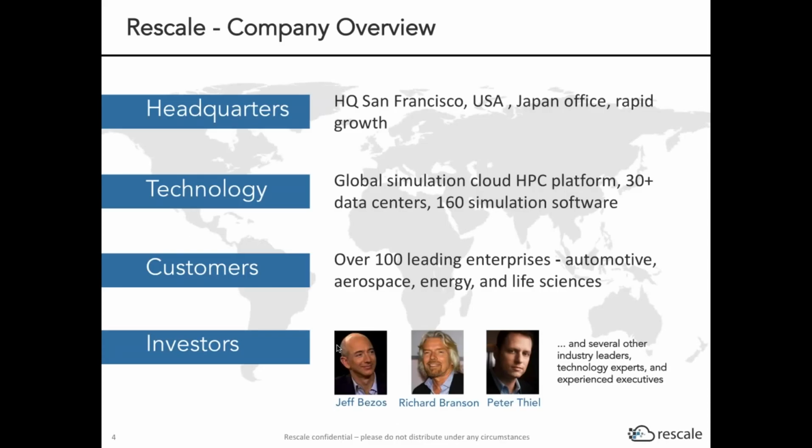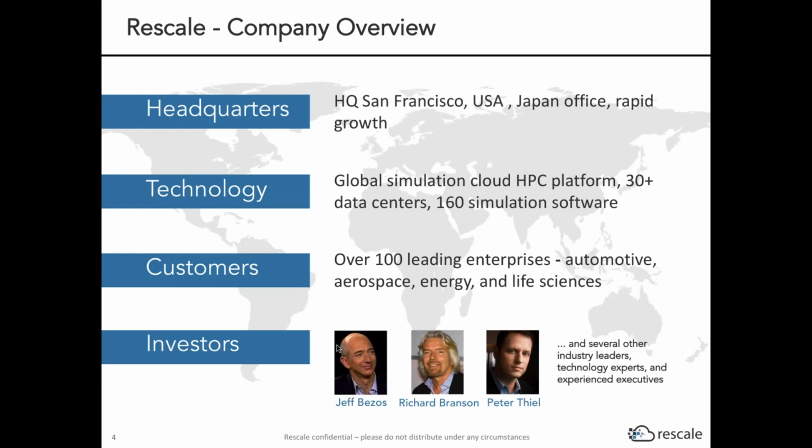So a quick overview about Rescale. Rescale was founded by two founders that actually work for Boeing. They were working on the design of the Boeing 787 wing design, and as part of that, they needed to have access to HPC on premise, and after that, the vision was to really make sure that we can provide HPC on the cloud for simulation.